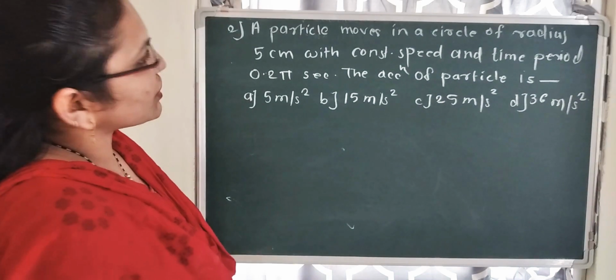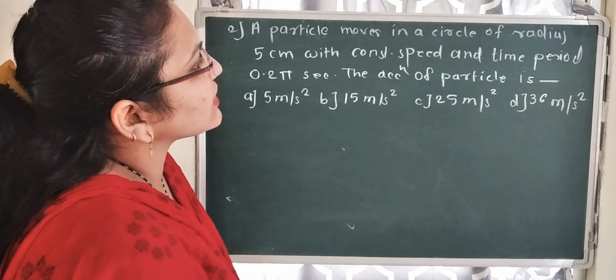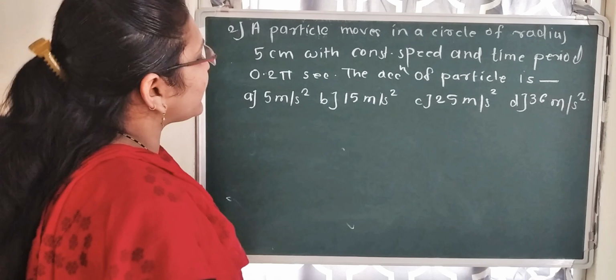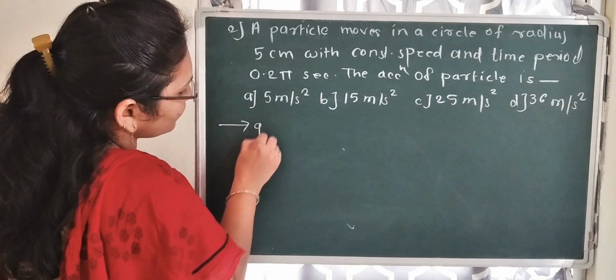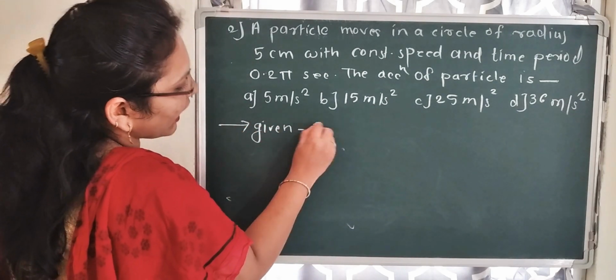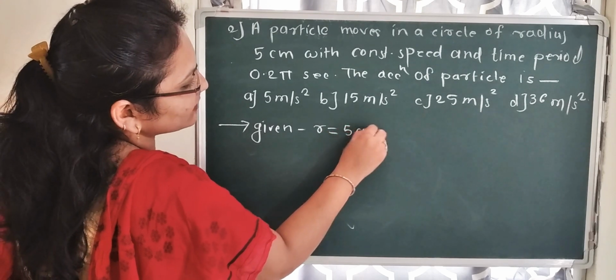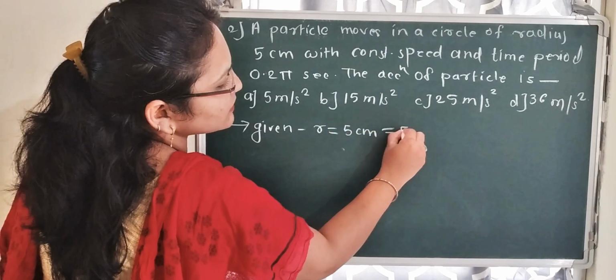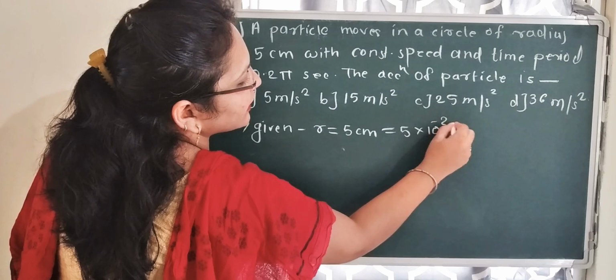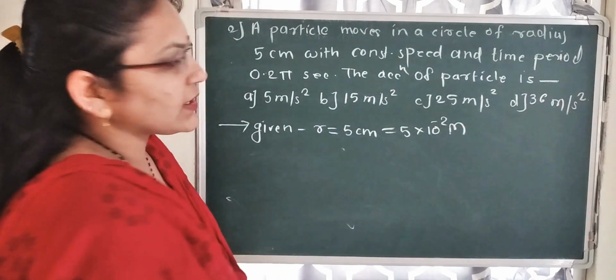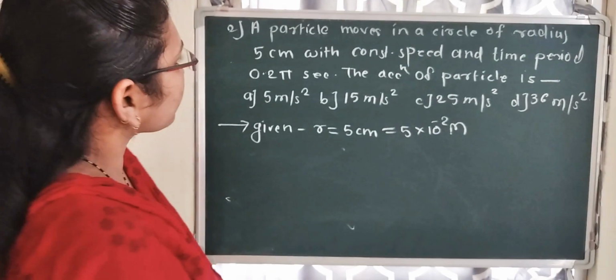First, see the question. A particle moves in a circle of radius 5 centimeter. Then here we have given that r is equal to 5 centimeter. In SI unit, it is 5 into 10 raised to minus 2 meter.